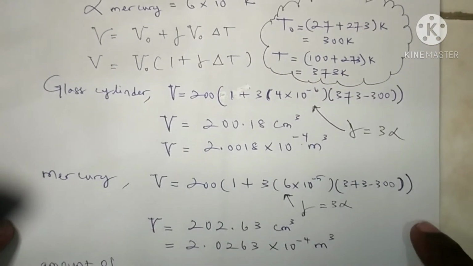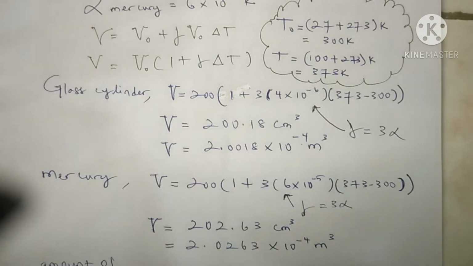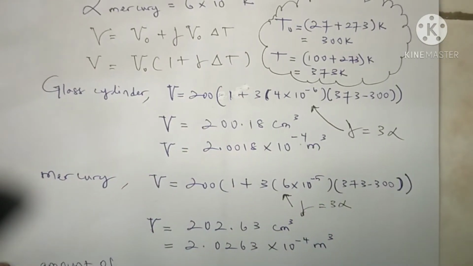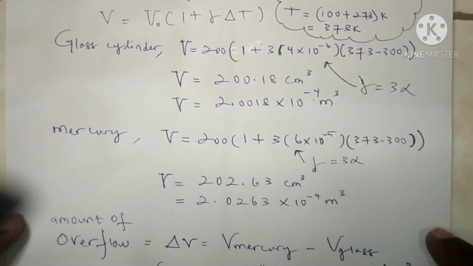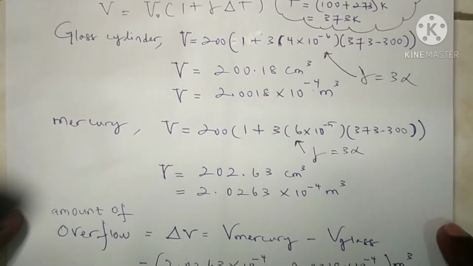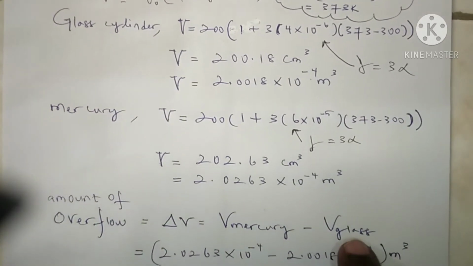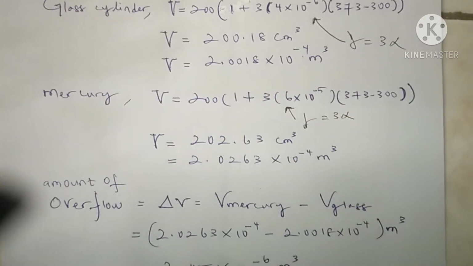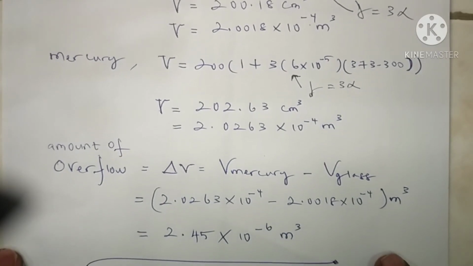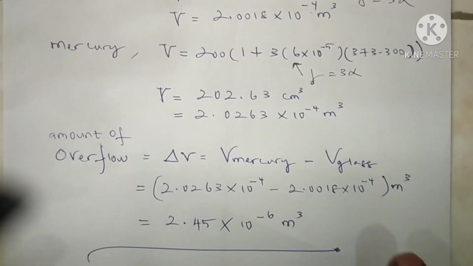You will get 2.0263 times 10 to the power of negative 4 meter cube. Therefore, the amount of overflow is the difference in volume between the mercury and the glass cylinder. So the final answer is 2.45 times 10 to the power of negative 6 meter cube.